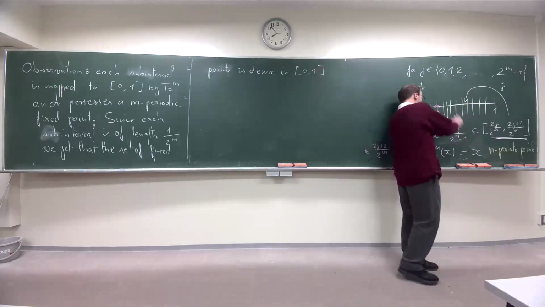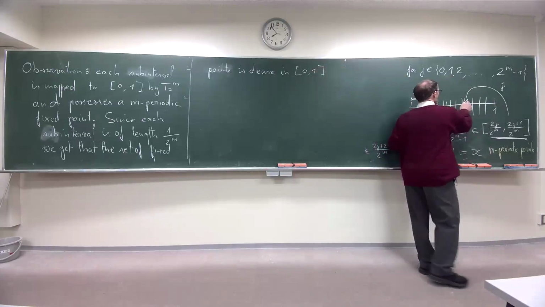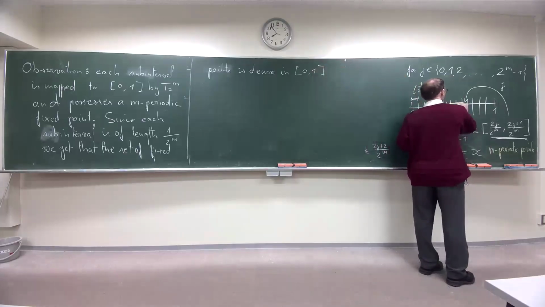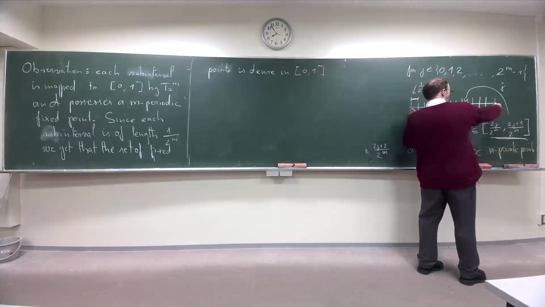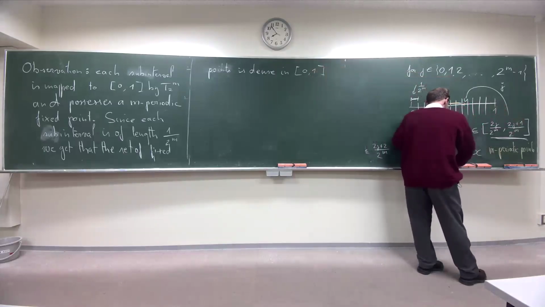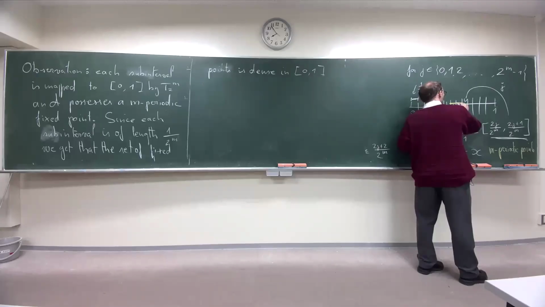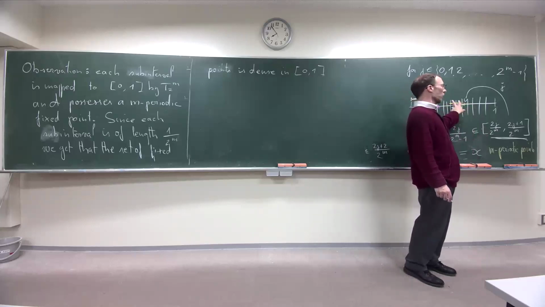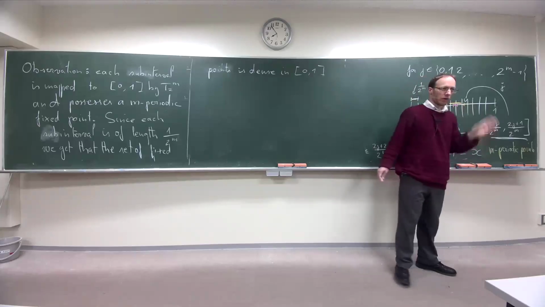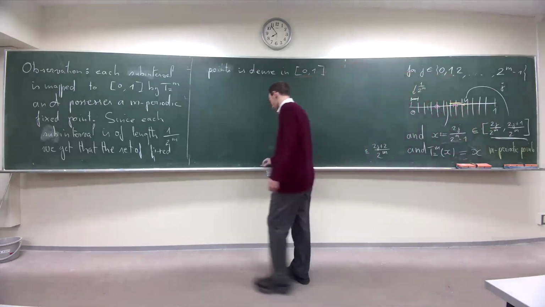So it means no matter which interval you choose, take m sufficiently big such that now we have one small interval inside. This small interval contains a fixed point. So it means for any ball or interval, we have a fixed point. That's it. That's the density of fixed points.